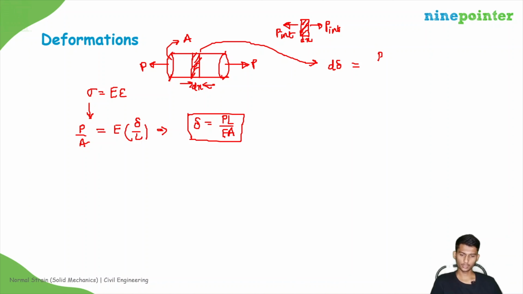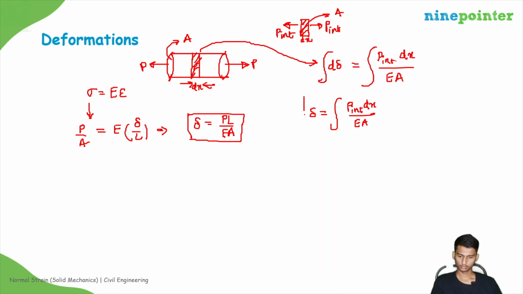So d delta equals P internal into length dx divided by E and area A. To get the whole deformation, we will integrate. So delta equals the integral of P internal dx divided by EA. Right? So this is the formula for axial deformations due to axial load.